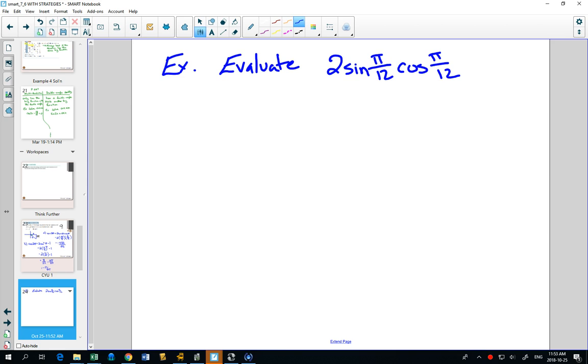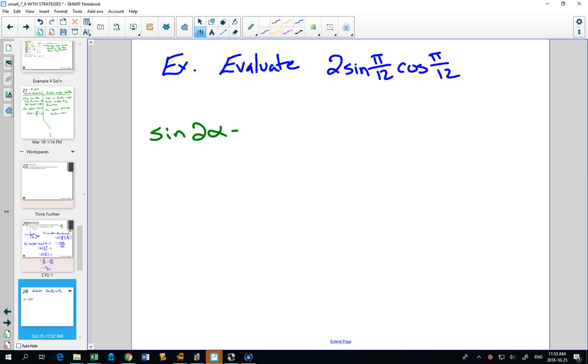How do you tell it's a pi over 12 question? Well, if you think of it as a pi over 12 question because you see a pi over 12, you actually make the question harder for yourself. Because the other thing you should recognize in this one is this matches up with a 2 sine theta cos theta formula. Where do we have our 2 sine theta cos theta formula?